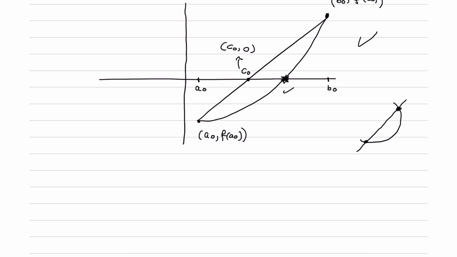Now I am taking this secant line out of the frame. The secant line is this. One end of the secant line has the point B0, f of B0. On another end we have a point A0, f of A0. And on the same secant line, straight line, we have a point C0, 0.